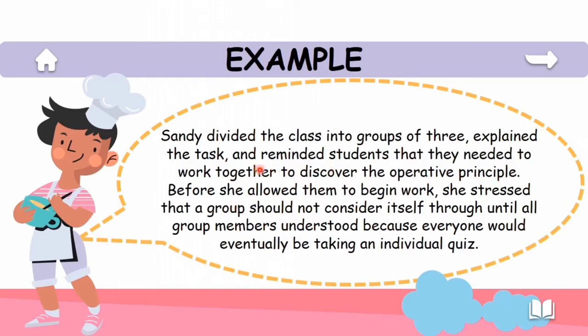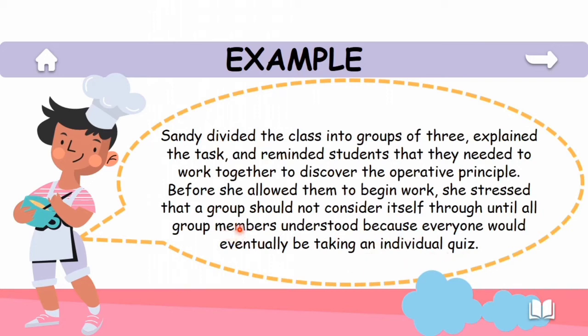So from here, teacher Sandy reminded the students what they need to do in order to work together. And before she allowed them to begin work, she stressed that a group should not consider itself through until all group members understood, because everyone would eventually be taking an individual quiz.